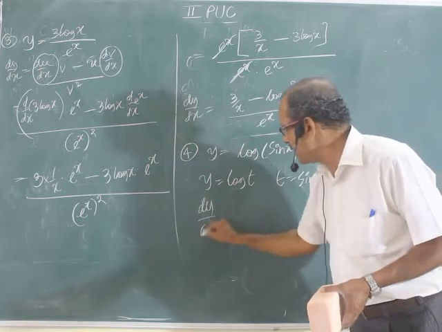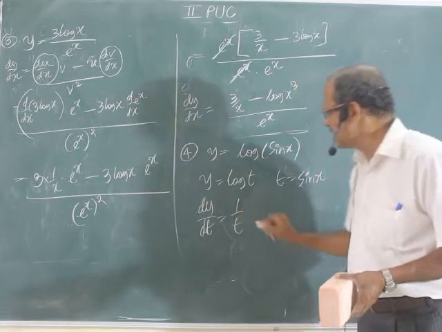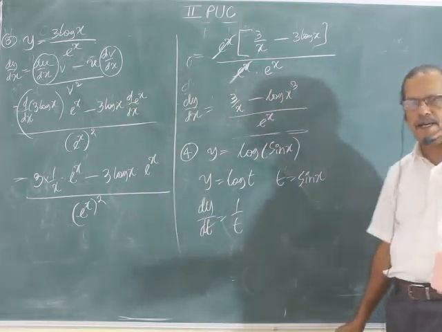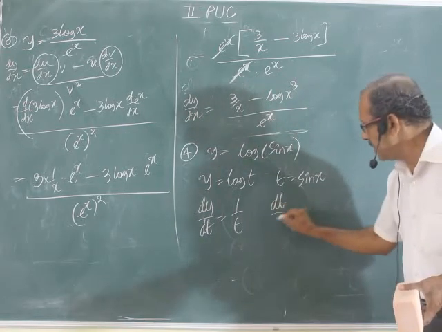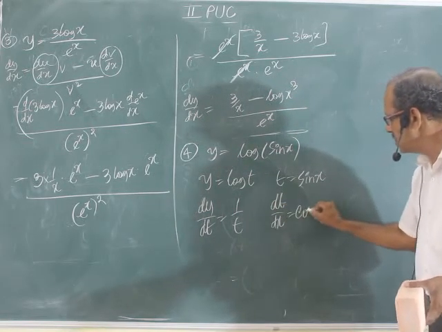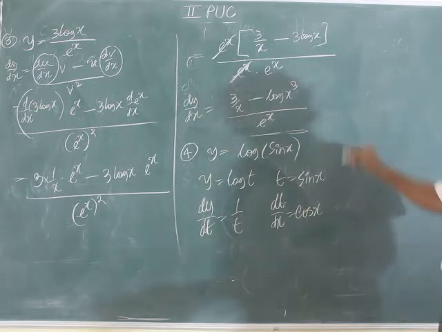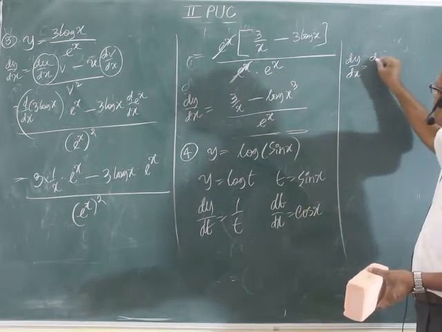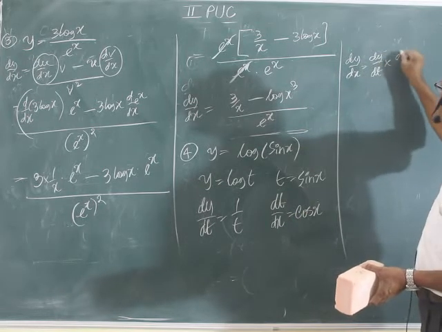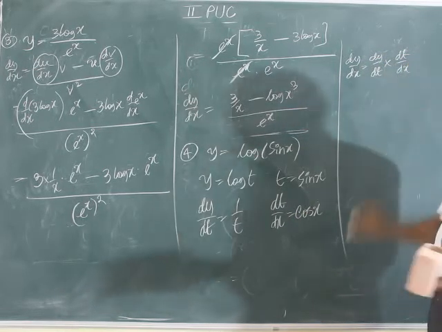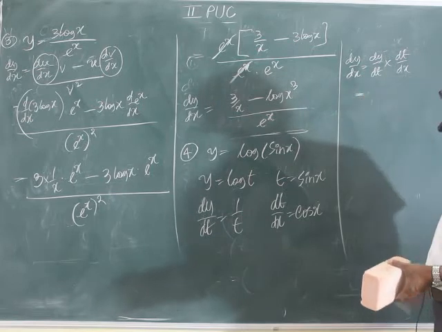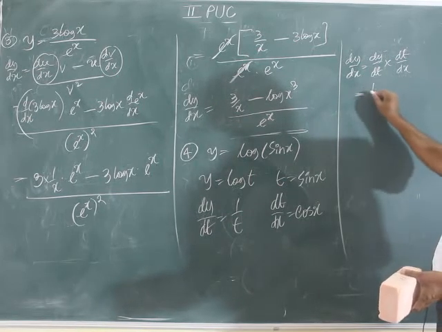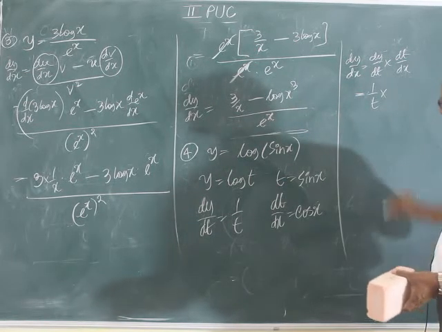dy by dt, log function derivative already known, 1 by t. dt by dx, derivative of sin x, cos x. Write the chain rule here, dy by dx equal to dy by dt into dt by dx.